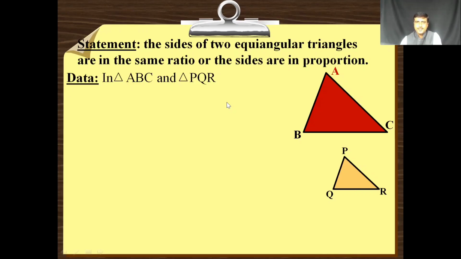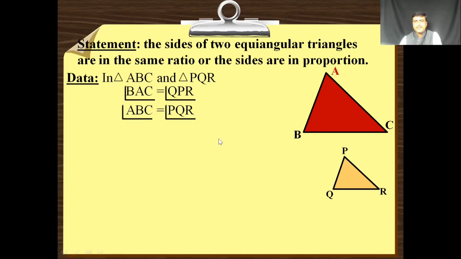Okay, so let us relate the corresponding angles here. The first one is angle BAC of the mother triangle and angle QPR of the baby triangle. They are equal. Then angle ABC, the second vertex of triangle ABC, and the second vertex of triangle PQR, they are also equal. Similarly, the third, remaining angle, obviously has to be equal.